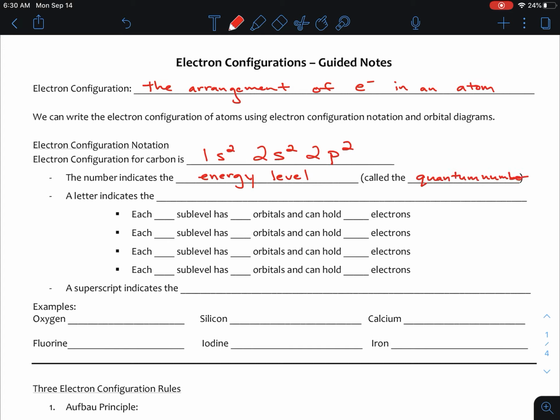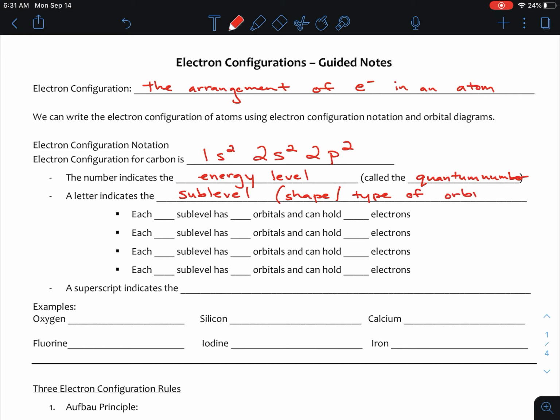So that's two words: quantum number. The letter, the S, the P, indicates the sublevel, also known as the shape or the type of orbital.